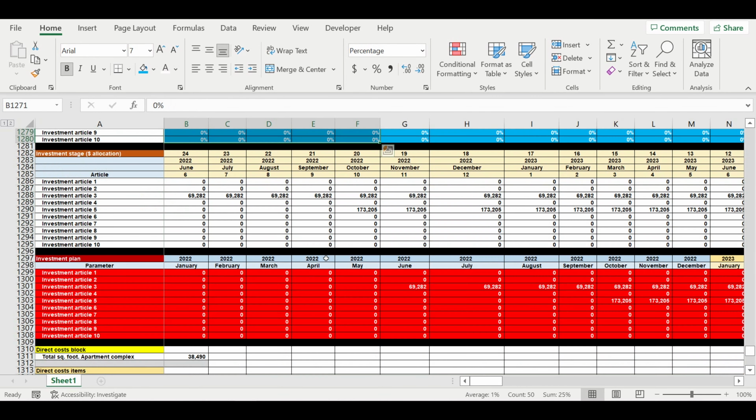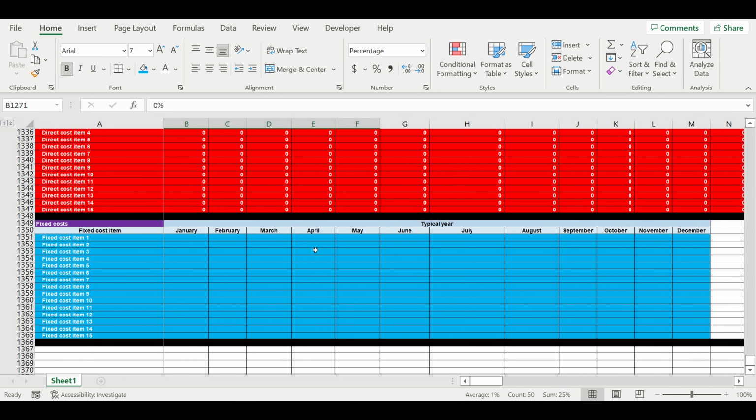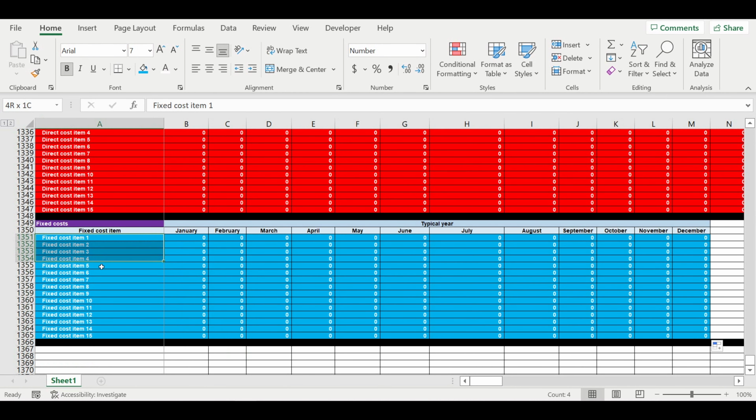So this is the typical year. For example, these costs we only have in winter. These fixed cost items we have only in spring.